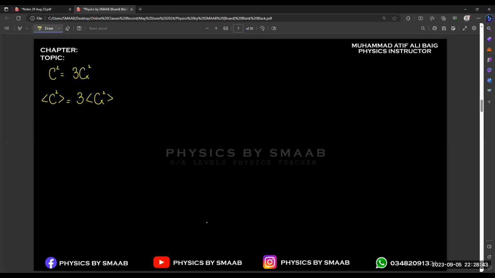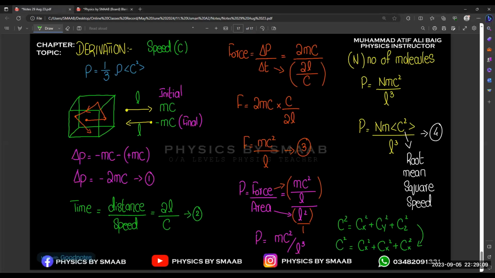So basically your value will be equal to 1 over 3 times the root mean square speed, right? And now we can substitute this value in our equation number 4.